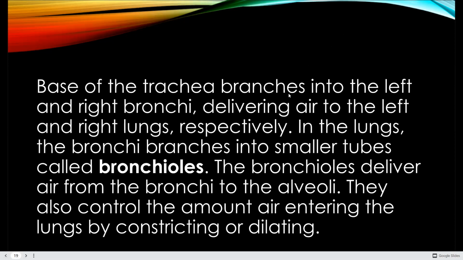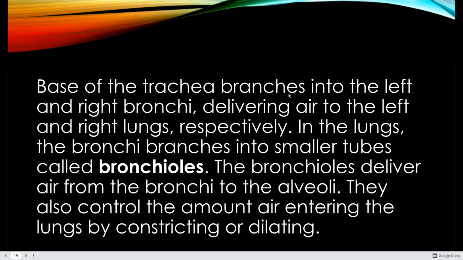The base of the trachea branches into left and right bronchi. Bronchi is plural, bronchus singular, delivering air to the left and right lung respectively. In the lungs, the bronchi branch into smaller tubes called bronchioles.